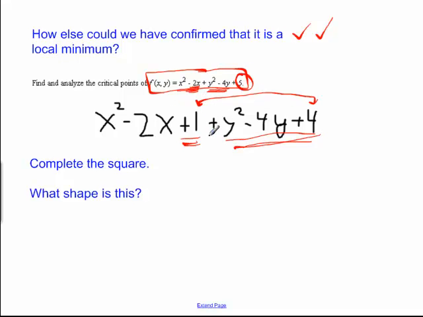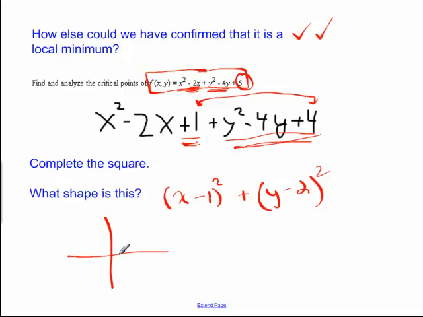But by re-expressing it like this, now I can write my function as x minus 1 squared plus y minus 2 squared. And what shape is this? Well, this is just a 3D parabola that's been shifted 1 in the x direction and 2 in the y direction. So if we call this y and z and x, we've shifted up 1 in the x and then 2 over in the y.